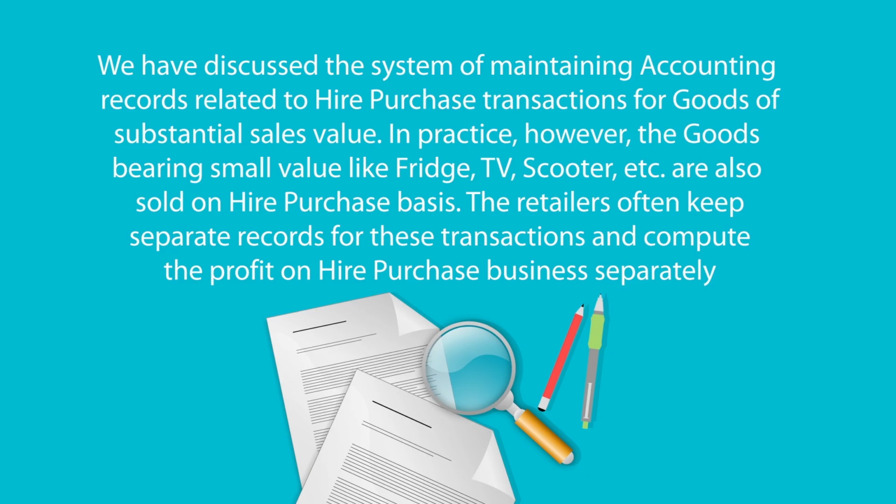So, the retailer often keeps separate records for these transactions and computes the profit on hire purchase business separately. From this lecture onwards, we will study how transactions are recorded under the hire purchase system in case of products having small values.